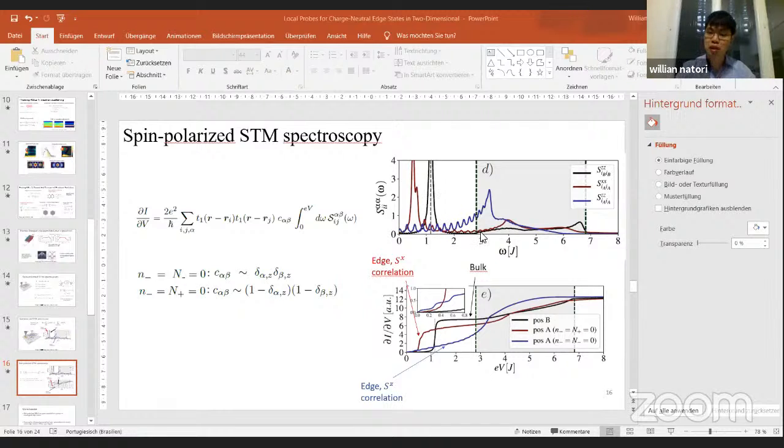Then it will decay fast and will not be very big. So the tunneling conductivity, if you go back to the formula, will be an integral of this dynamical correlation function, and you will see that it will be a normal step function because of this.